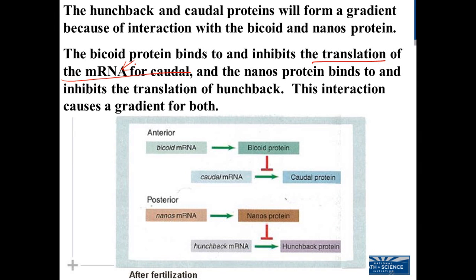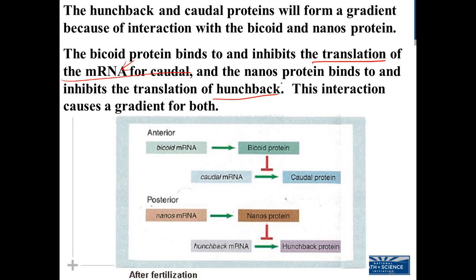So you're not going to find caudal protein at the anterior end. The Nanos protein binds to and inhibits the translation of the messenger RNA for hunchback. So now you're not going to find hunchback protein at the posterior end.